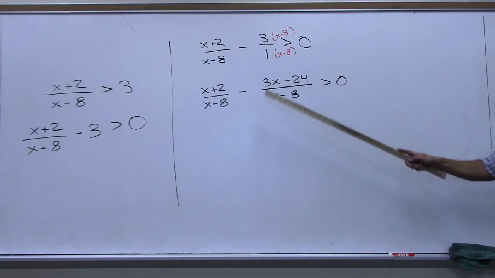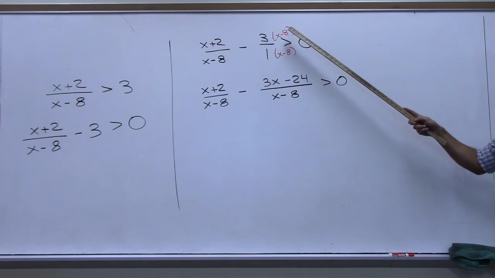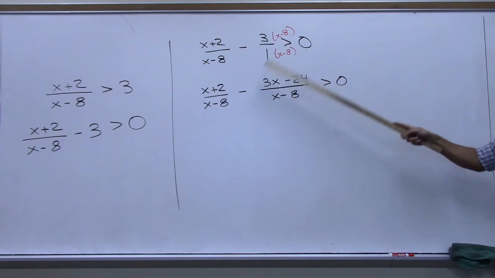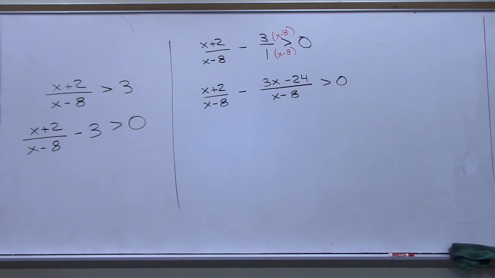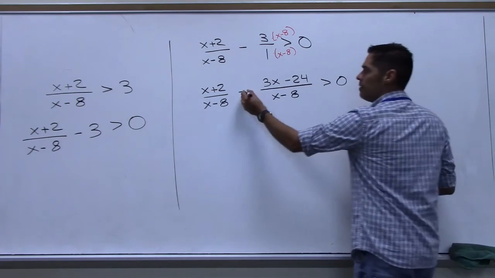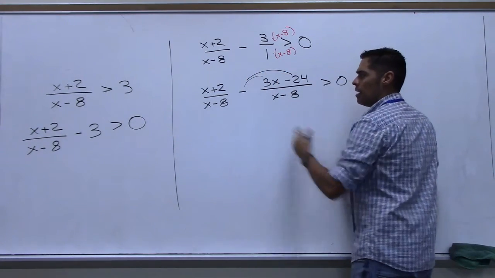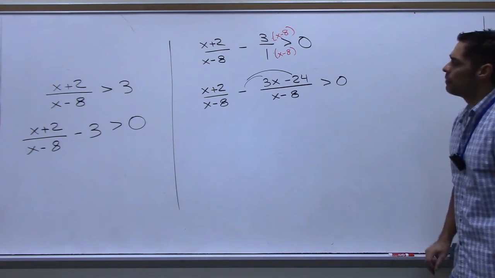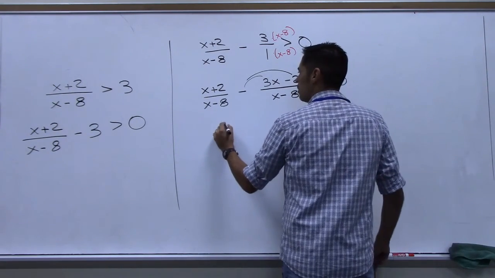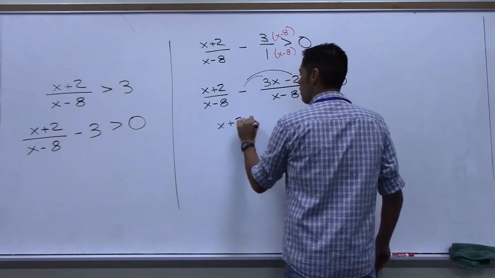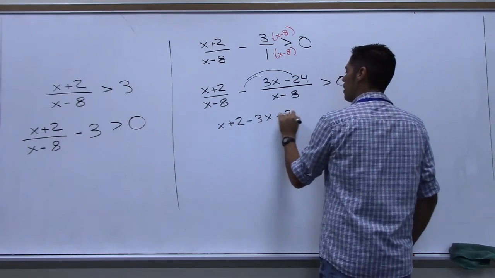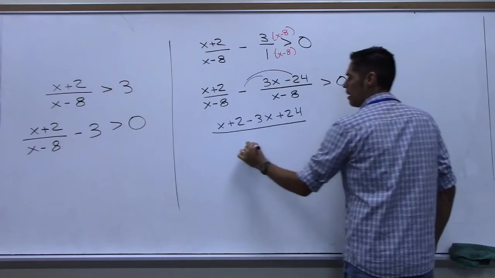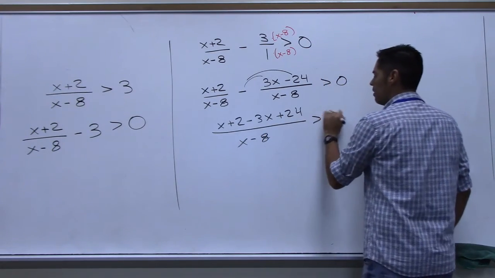And be very careful because you still have to subtract this. Right? You have to subtract that, so isn't that going to change the signs? This negative is going to have to go here and here if I put these two together. So I have x plus 2 minus 3x plus 24 over x minus 8 greater than 0.